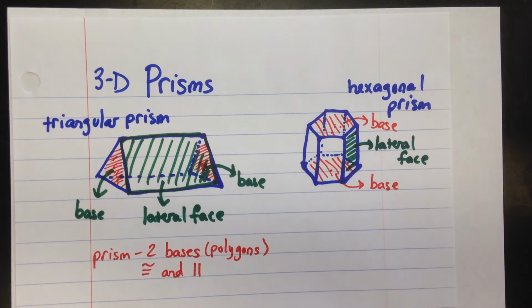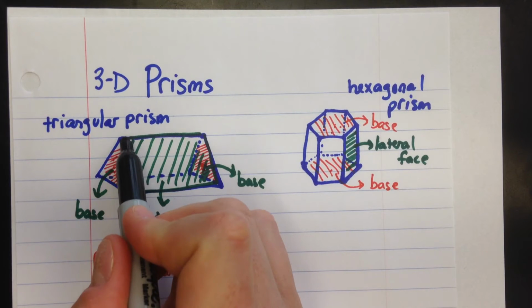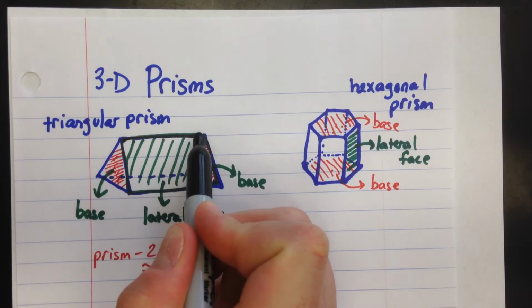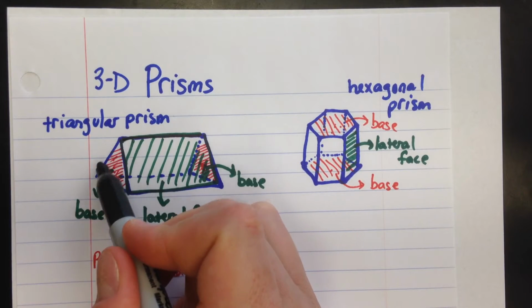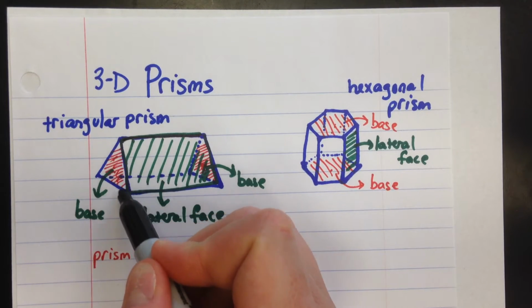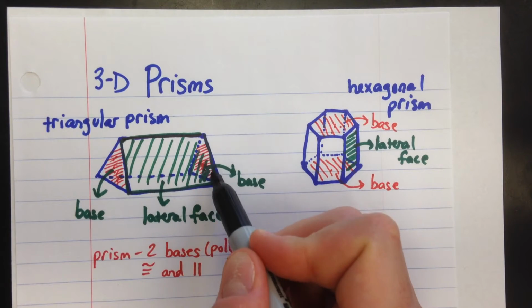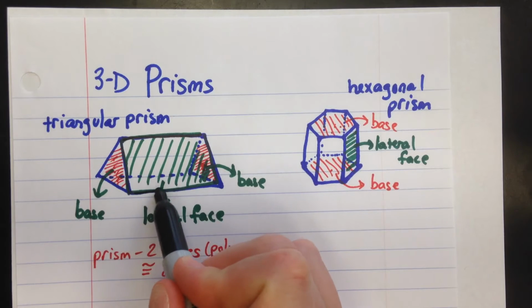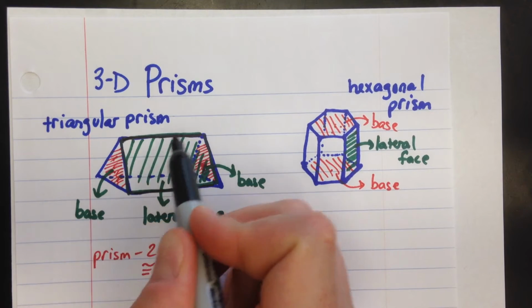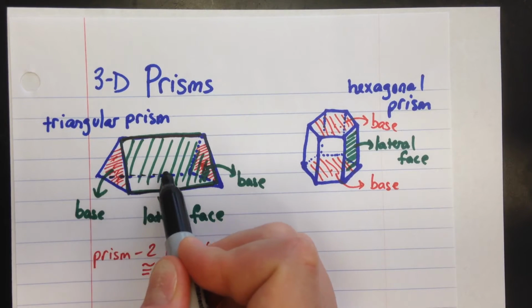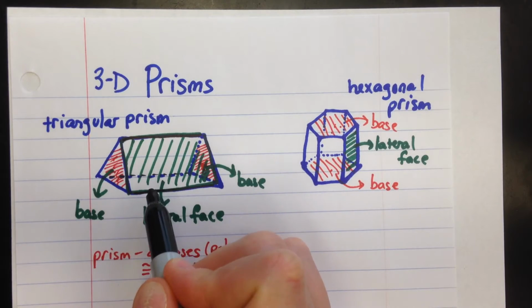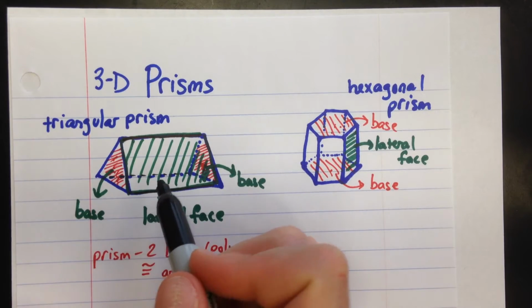Okay, now to get even more specific about this, if I look at the edges, these are the segments. In the triangular prism, you've got 3 edges for this base on the left, for that triangle. We've got 3 for the triangle on the right. And then we have the 3 segments, 1, 2, and then in the back, 3, that connect the bases. Those are called the lateral edges.